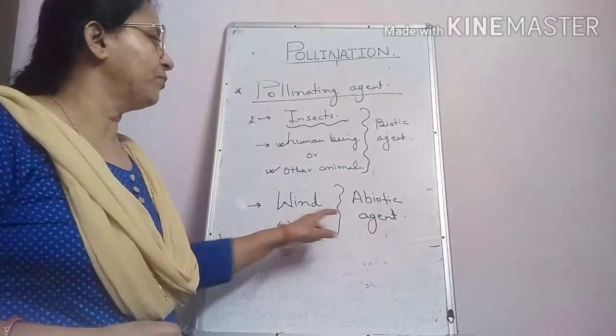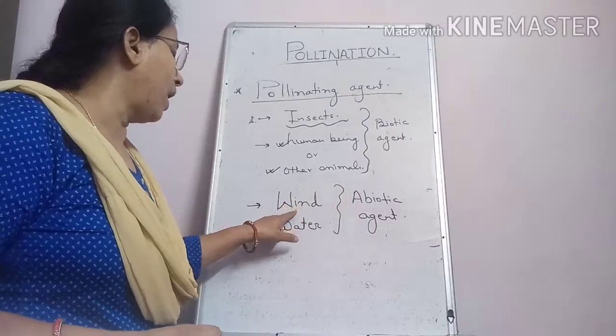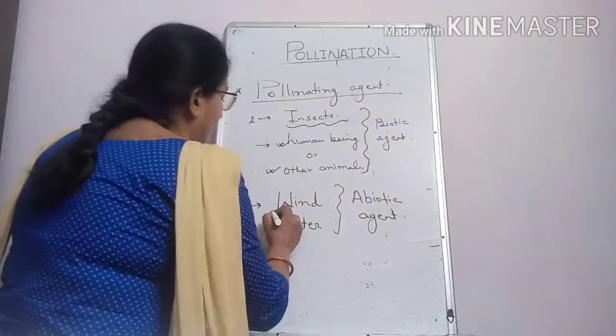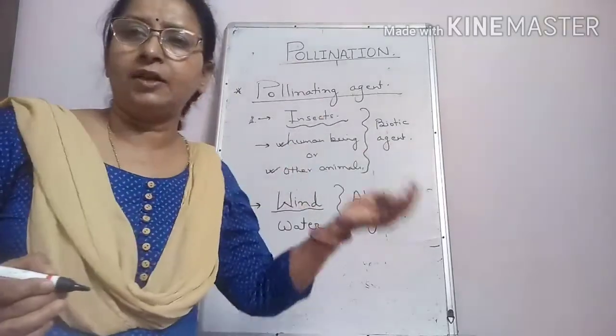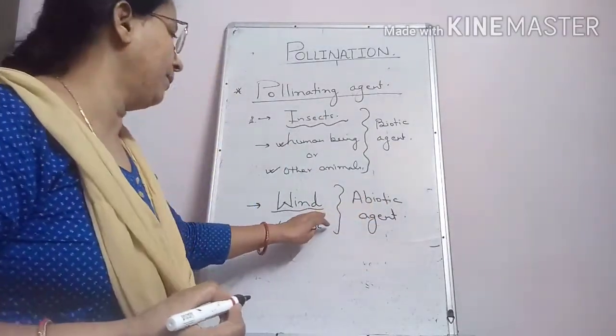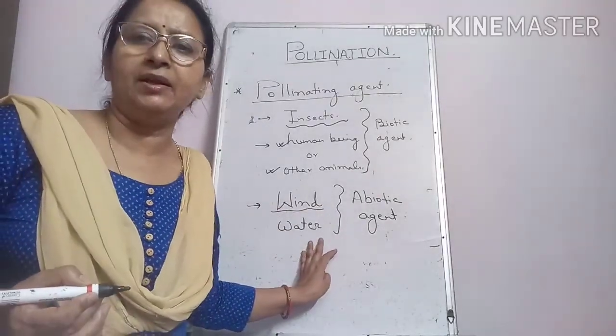Wind or water, which are the abiotic agents, actually along with the wind, along with the air, it blows and sits on another flower, and in this way pollination occurs. The same thing happens with water.